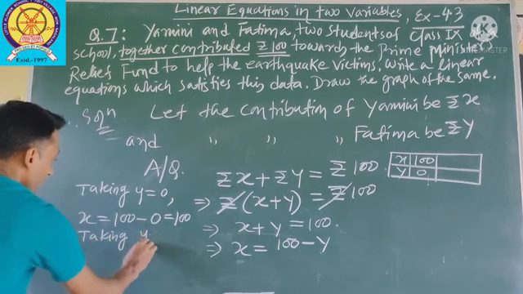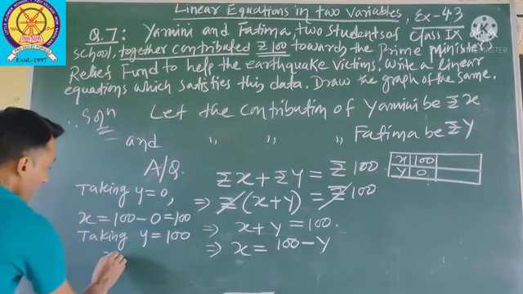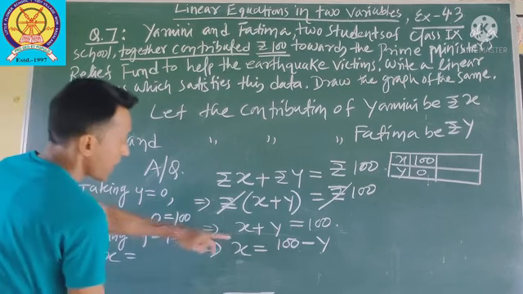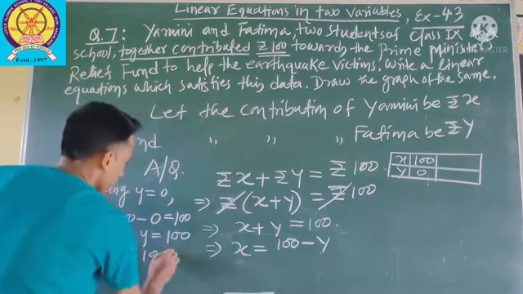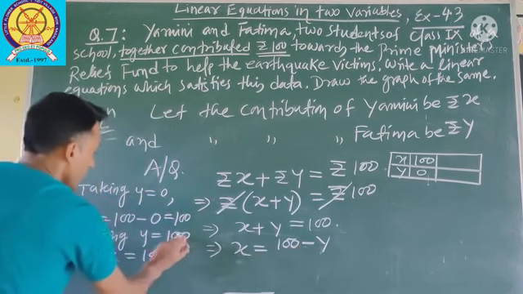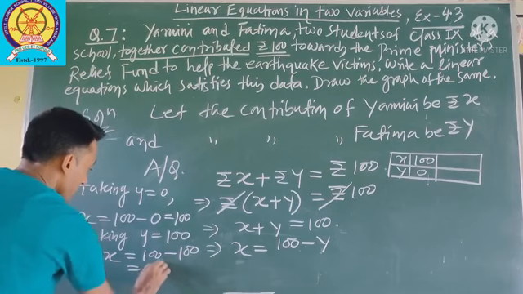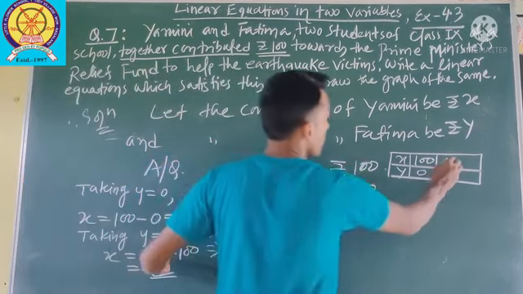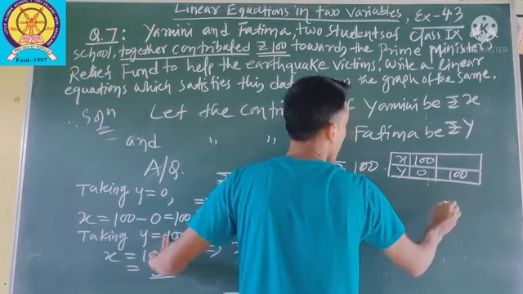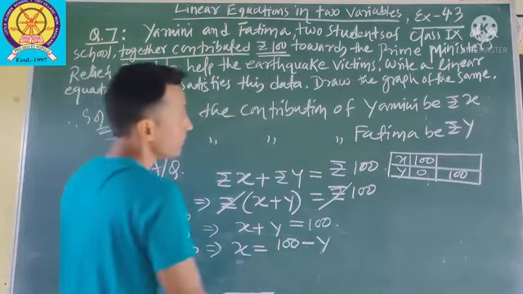Taking y as 100, then x equals how much? x equals 100 minus y. y we take as 100. So 100 minus 100 is 0. So when we take y value 100, x is 0.